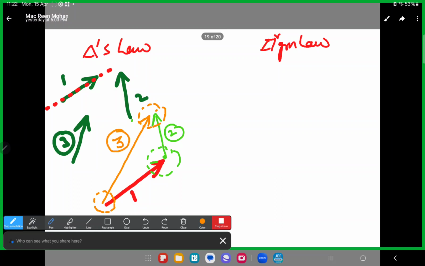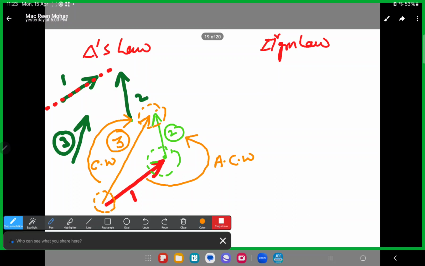So what you have seen is, if 1 and 2 are connected in an anti-clockwise way, the third one will be connected in a clockwise way. Like here you can say by this sense, we can get the resultant.